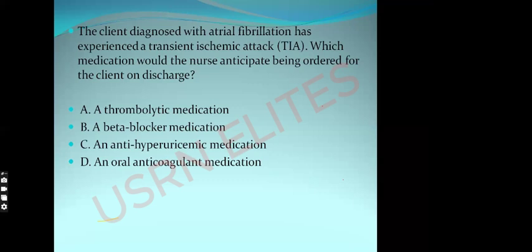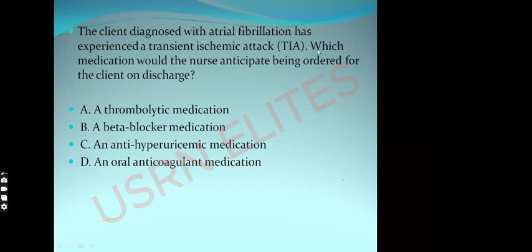AFib. Okay, Gia. AFib causes venous stasis, so there's a likelihood of clot forming. So we'll give an anticoagulant.